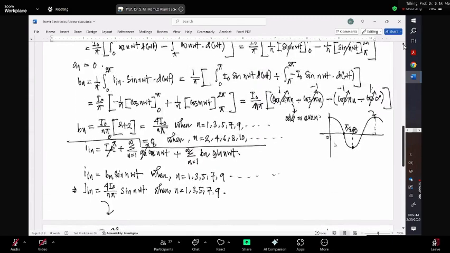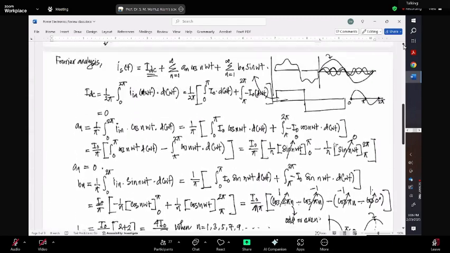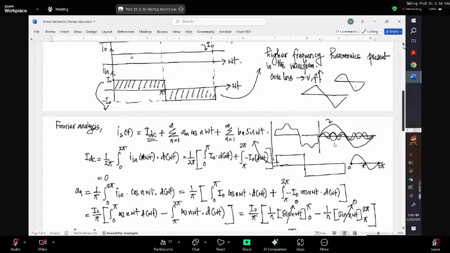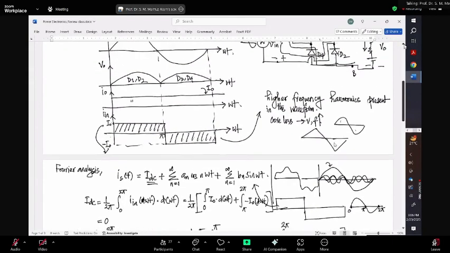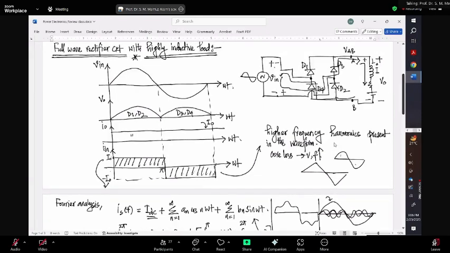So if you see here, what was my waveform? So this is my waveform of current input, and this is the waveform of input voltage. If I take the fundamental component of current for this waveform, it will appear like this.